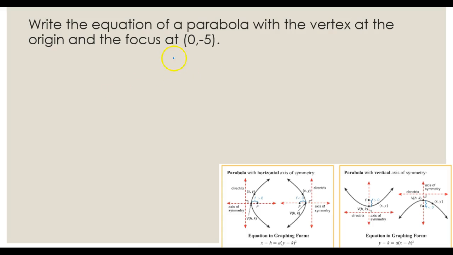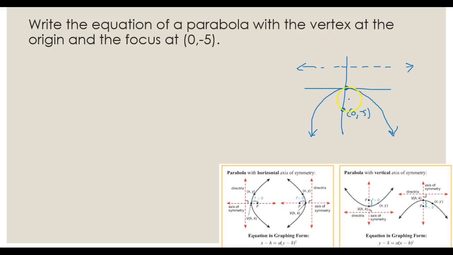So if the focus is at (0, -5) and the vertex is on the origin, then there's going to be the directrix, the line up there, and the parabola is going to be opening down like this. So that's what it's going to look like.